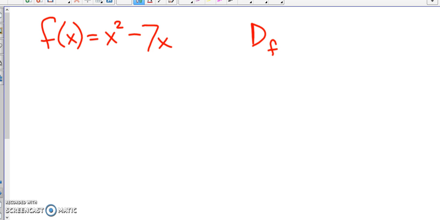Negative infinity, positive infinity. Because there's nothing I have to avoid there. I can pretty much take any x I like, plug it in, and get an output that's an actual number. Make sense? I hope.